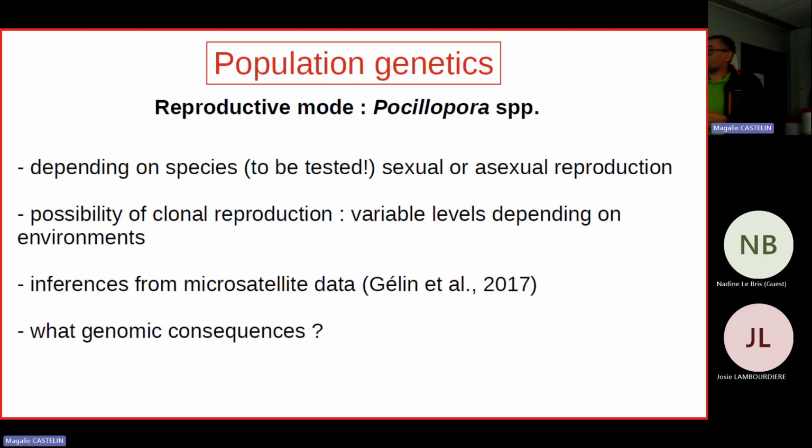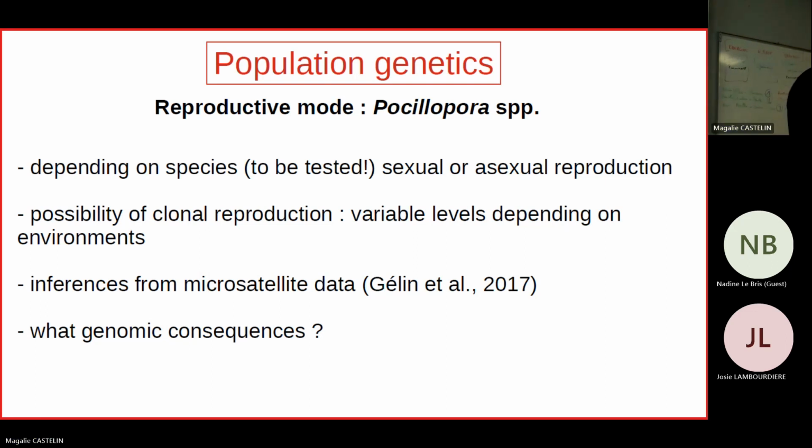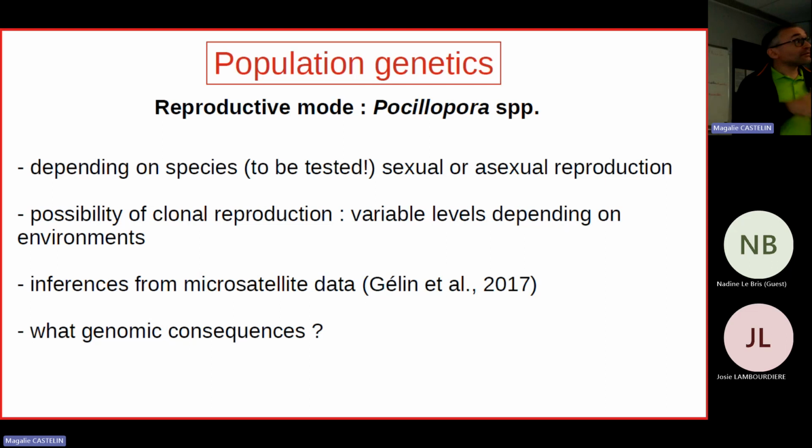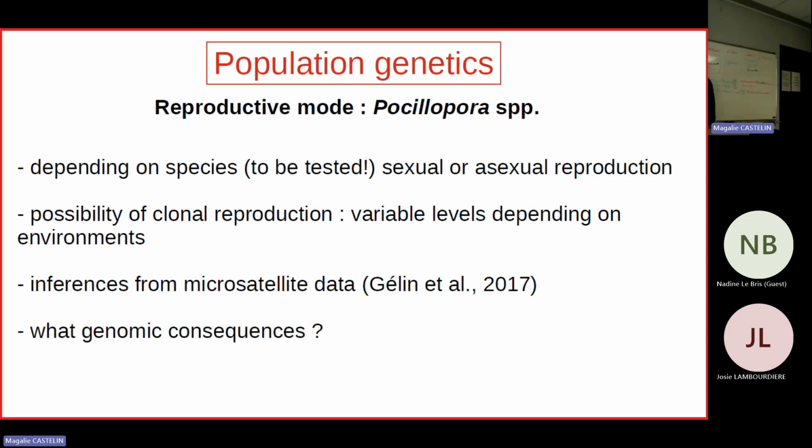And so you have clones. You can have clones in the same population, sometimes at variable distance. And these levels of clonality can be very different depending on the environments. So there are some studies depending on, for example, the strength of the waves and so on. To study clonal reproduction, we could say that it's easy.